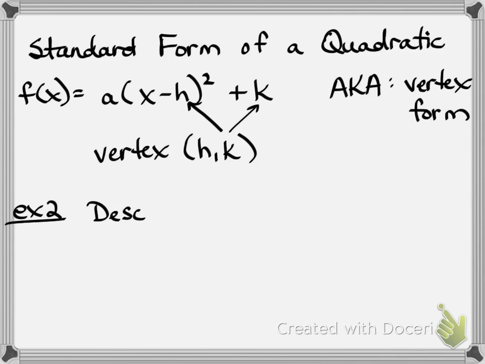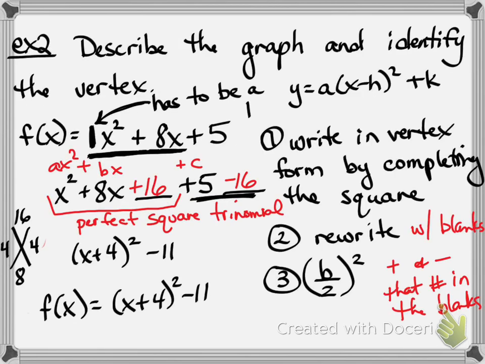So I told you over here, the vertex was sitting right there as our hk. So vertex form is a parenthesis x minus h squared plus k. So the vertex for this problem is actually negative 4, comma, negative 11.